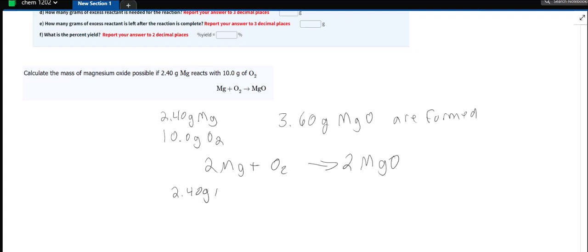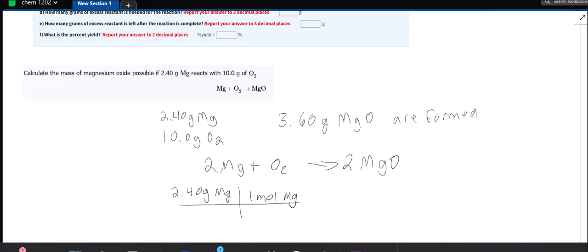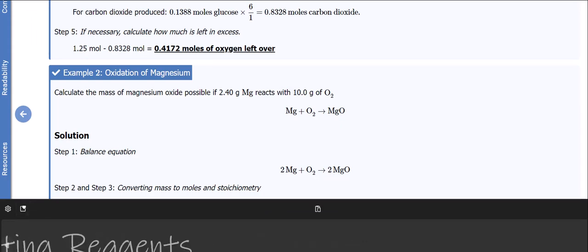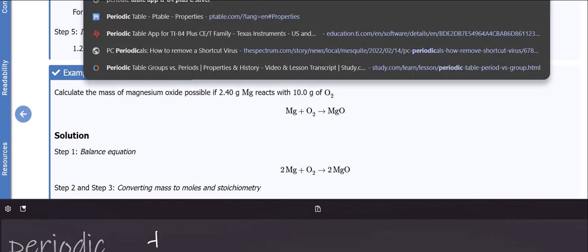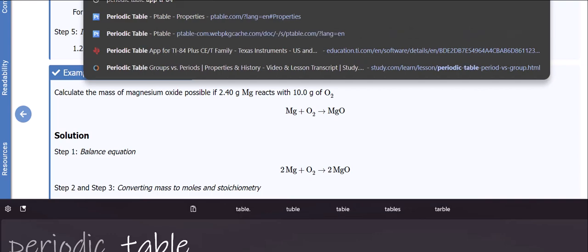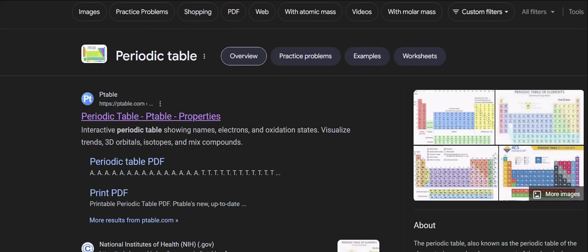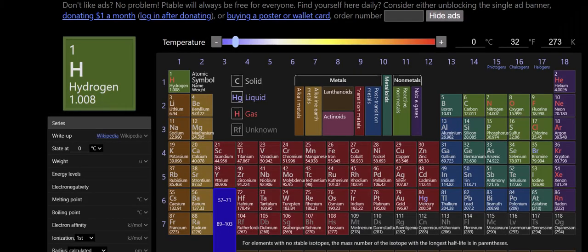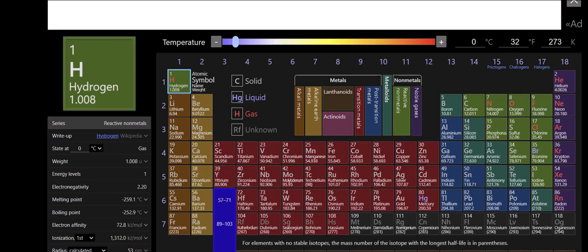So 2.40 grams of magnesium times, in 1 mole of magnesium there are, periodic table. Okay, magnesium 24.305.